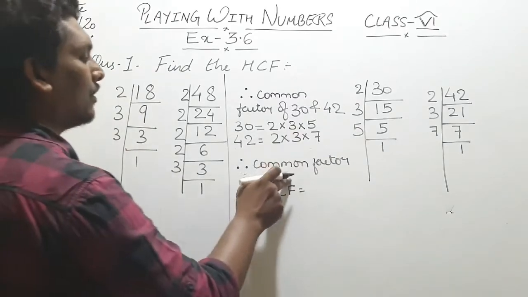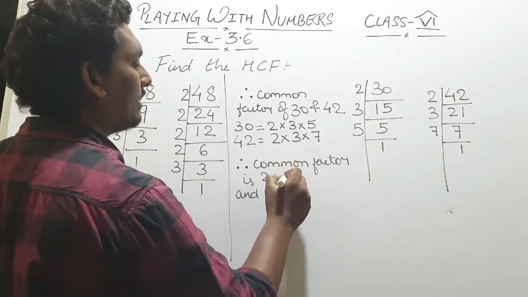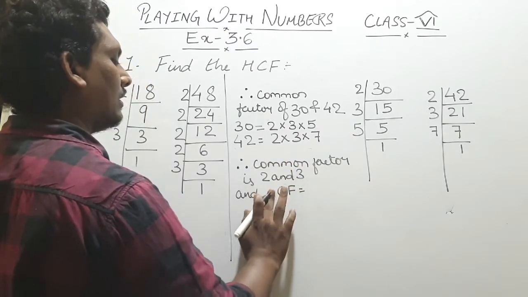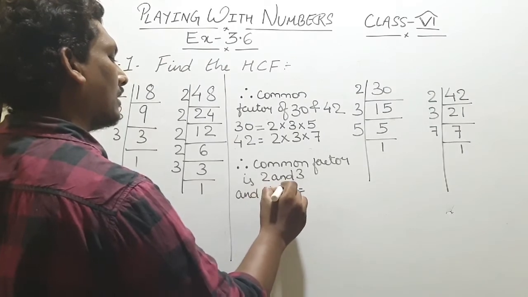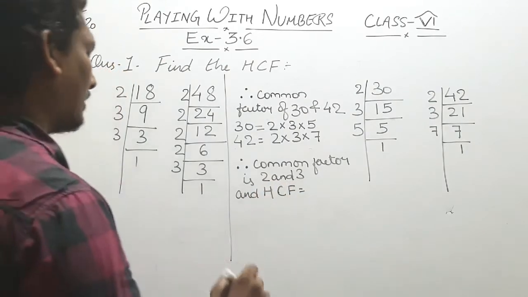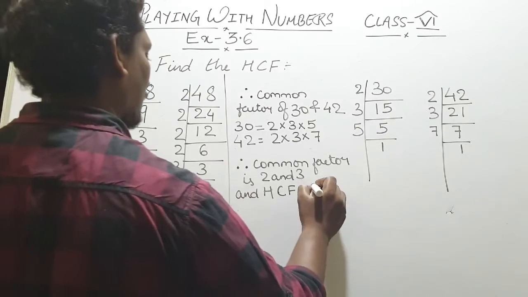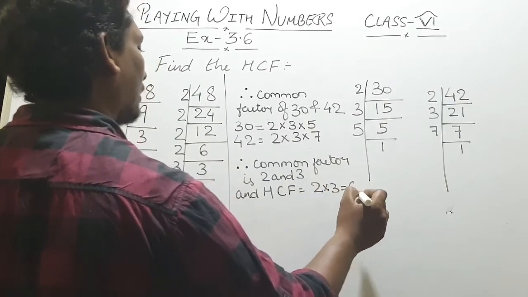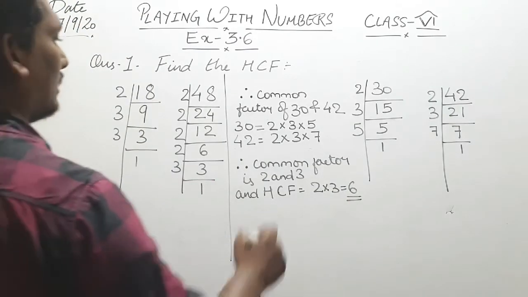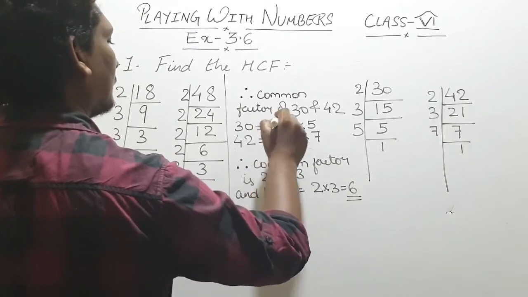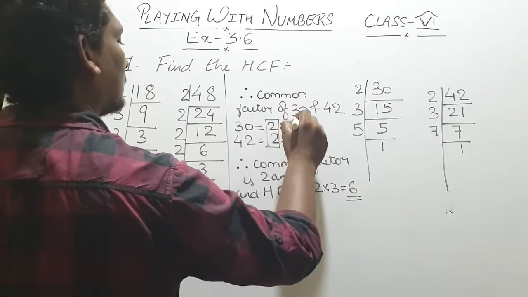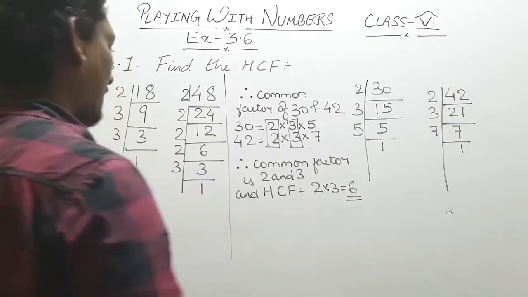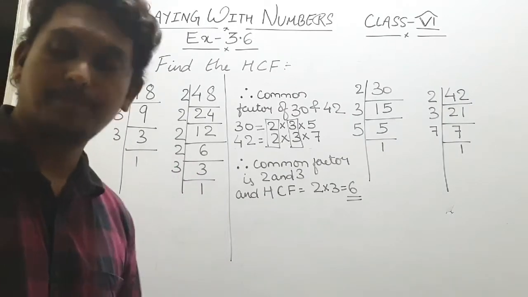So here we got the common factors 2 and 3, and the highest common factor is what? 2 into 3, that is, again we got the same answer, that is 6. So this and this. Okay, just go through it.